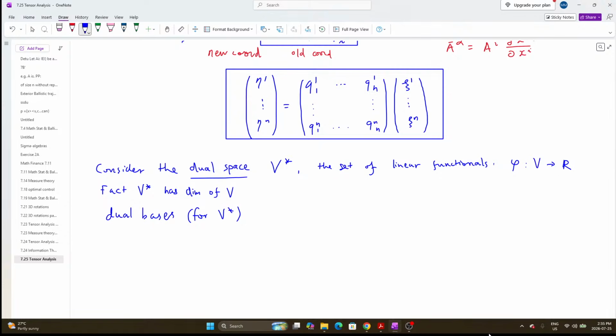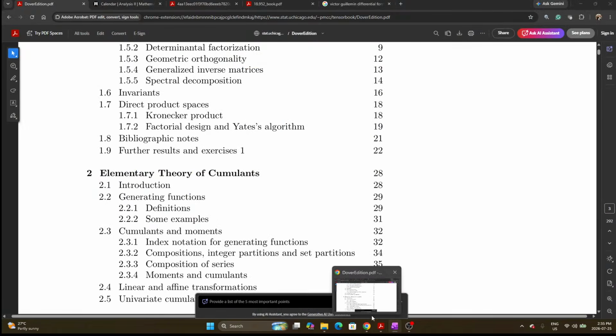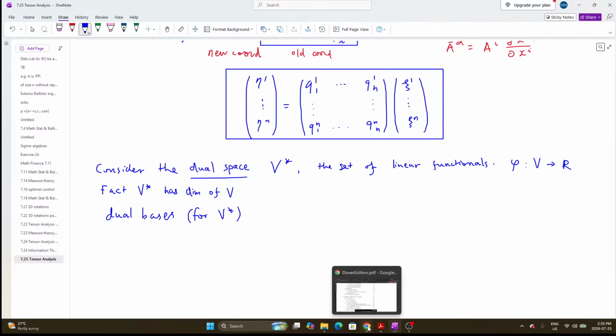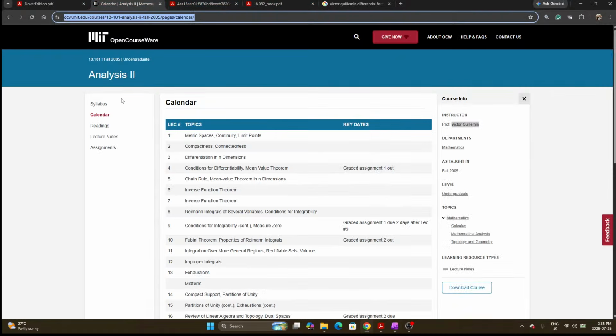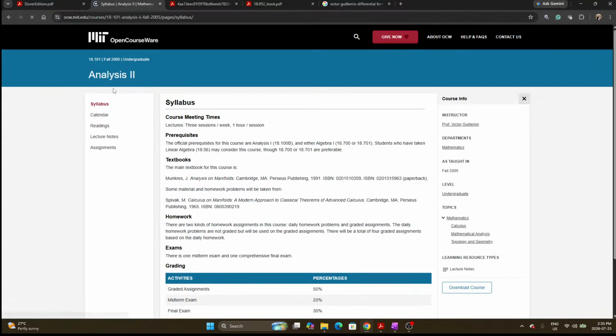Hold on a second. Actually, you know what, guys? Let's check out this reference here. I showcased this the other day. This is a good resource if you're interested in multilinear algebra and real analysis for multivariables. So go check out MIT OpenCourseWare Analysis 2.